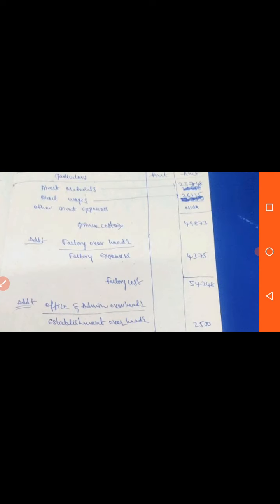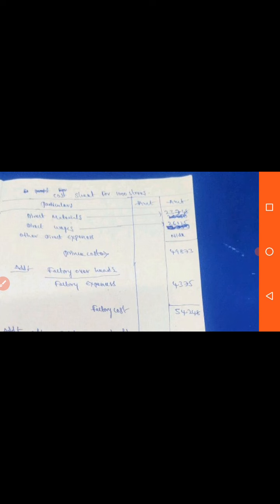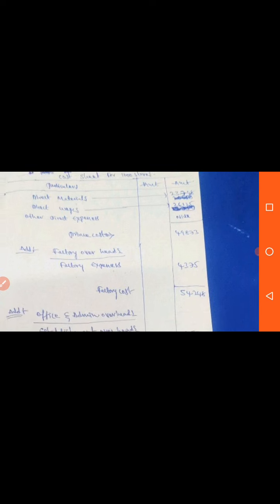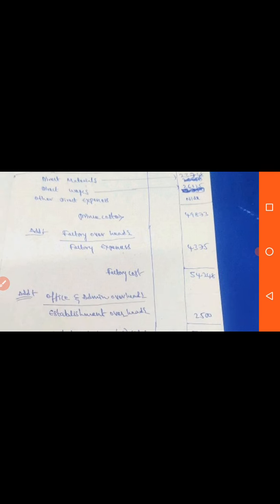So the new cost sheet for production of 1000 stoves. Direct material, already calculated, 23,748. Direct wages 26,125. Other direct expenses nil. So total prime cost for production of 1000 units equals 23,748 plus 26,125 equals 49,873. Next, add factory overheads.